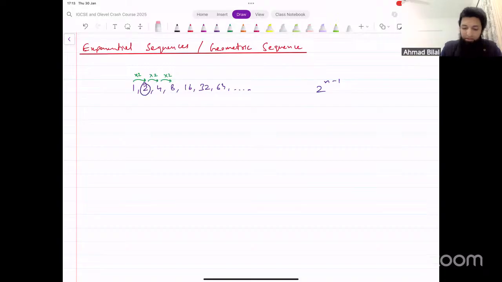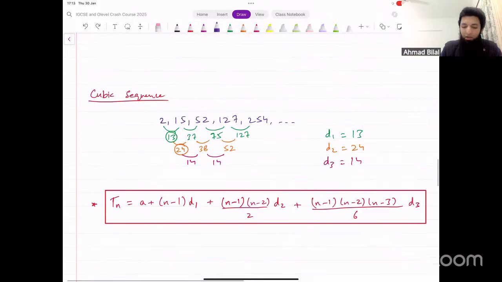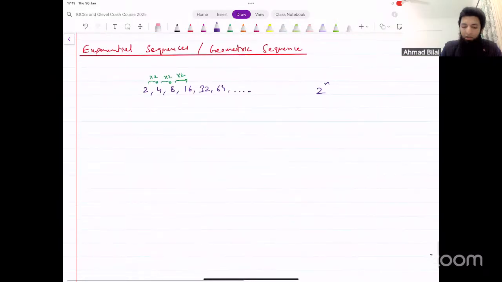Let me actually make it simpler. For this first example, let's say it's just this. It starts from 2. If it starts from 2, in that case, it would just be 2 raised to the power n. So when n is 1, it's 2. When n is 2, it's 4. When n is 3, it's 8. When n is 4, it's 16, and so on. It's an exponential sequence. This is a sequence where you have n in the power.